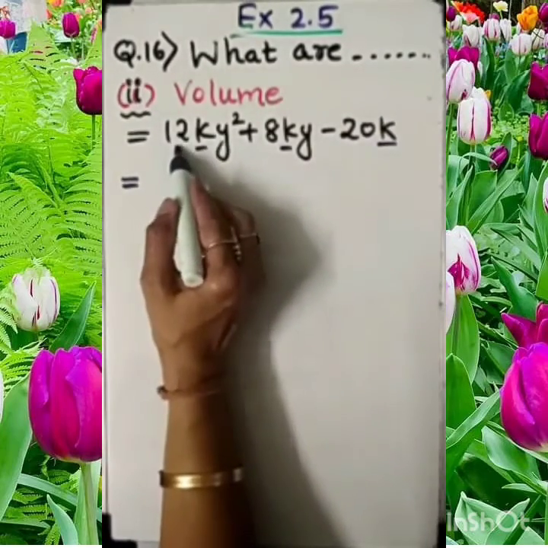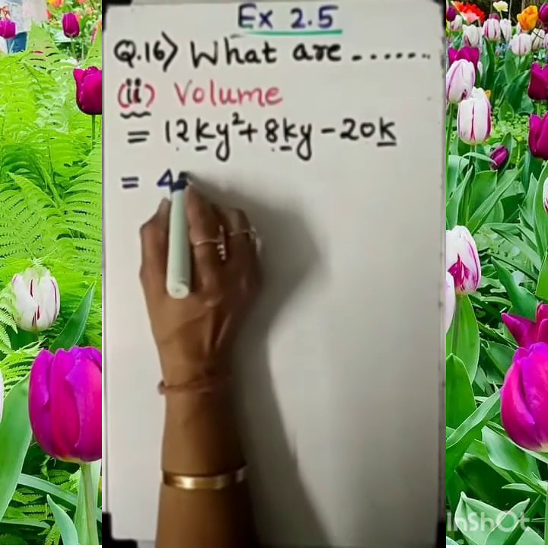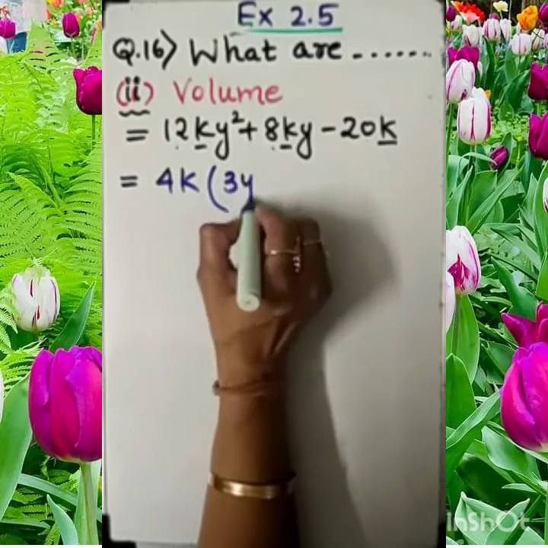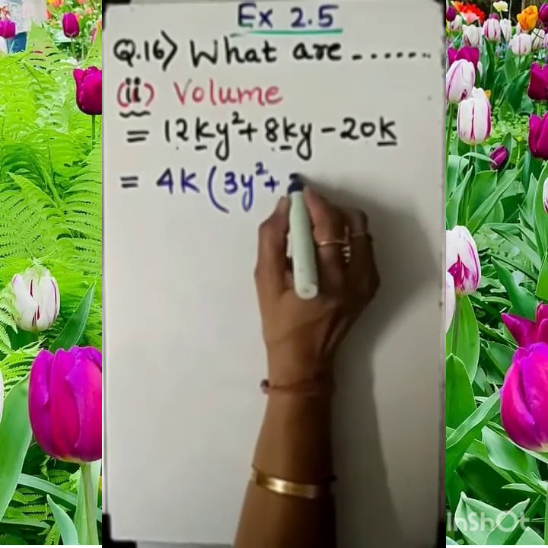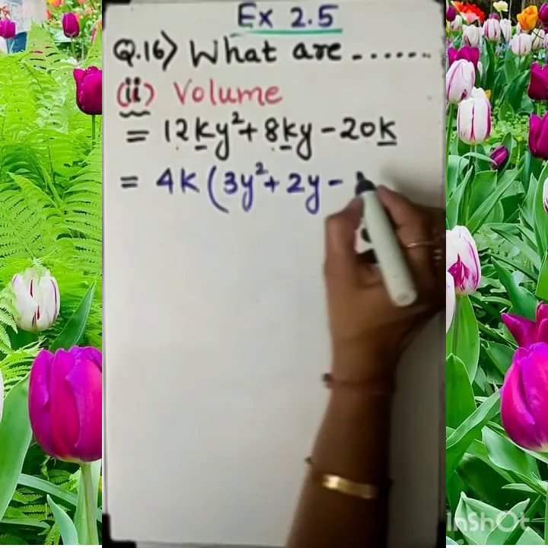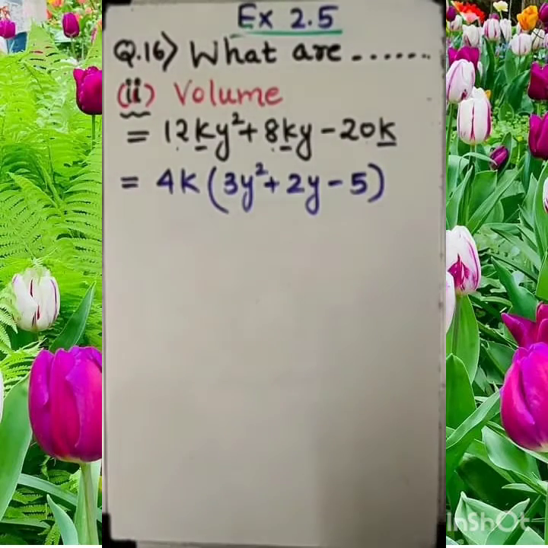Beside this, 12, 8, and minus 20, from that 4 is common. So 4k I am writing as a common factor. 4 times 3 is 12, 4 times 2 is 8, and 4 times 5 is 20. So 4k and in the bracket 3y square plus 2y minus 5.